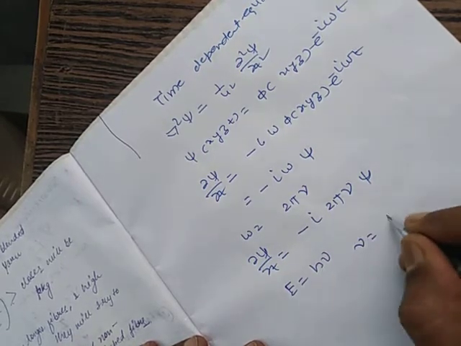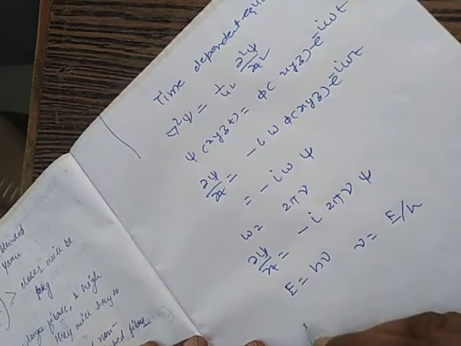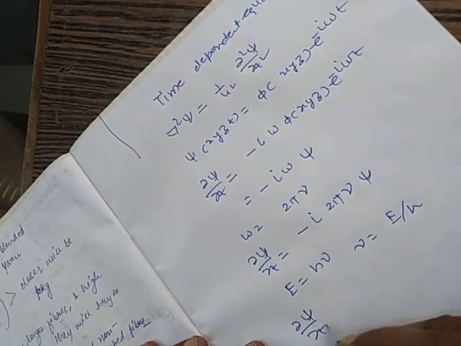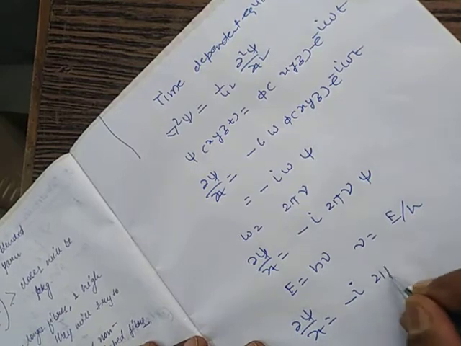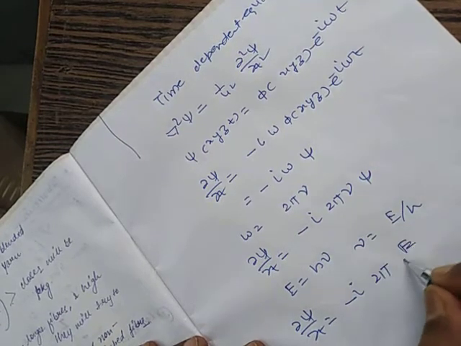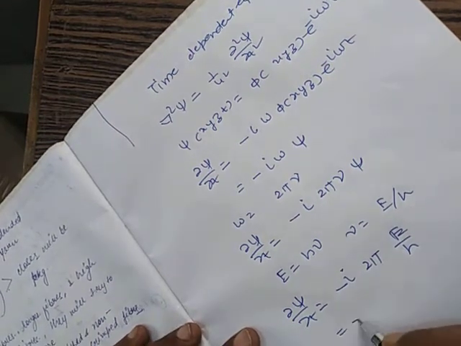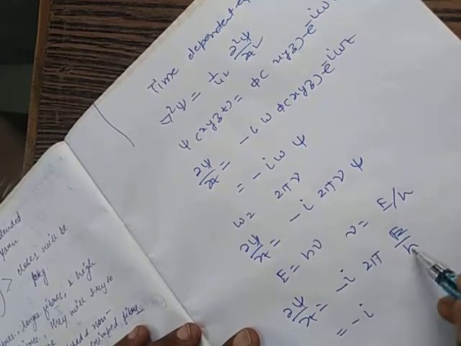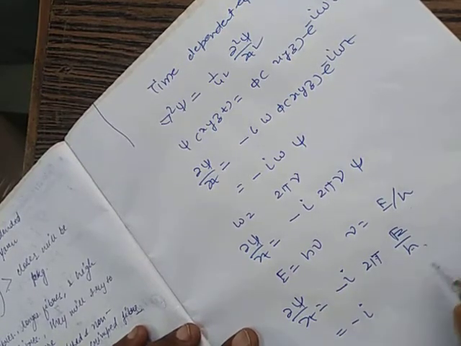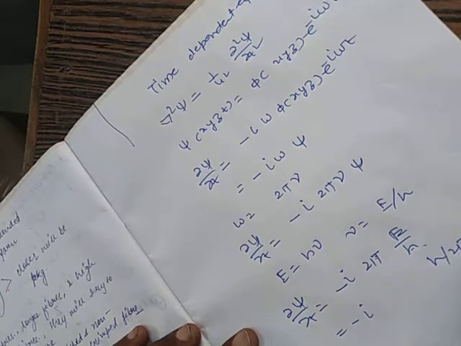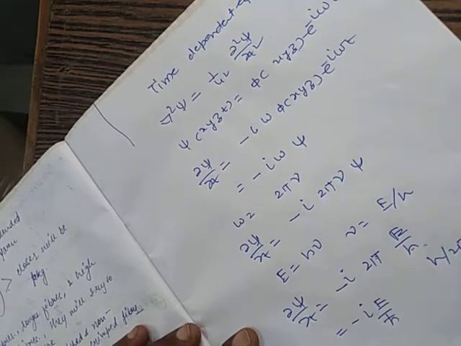So nu is equal to E by h. So we can write del psi upon del t is equal to minus iota 2 pi, in place of nu we can write E by h, and h upon 2 pi is h cross. So I can write minus iota E by h cross.